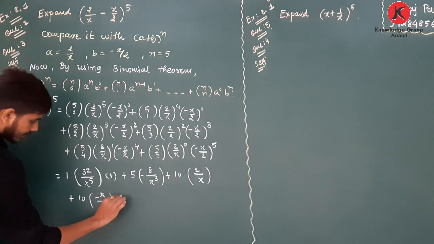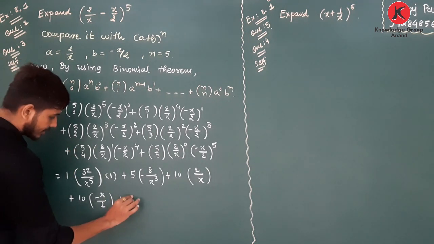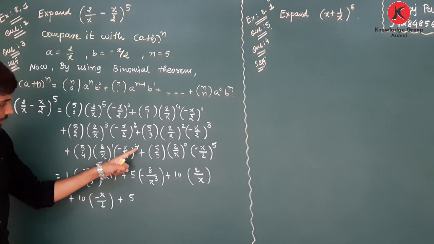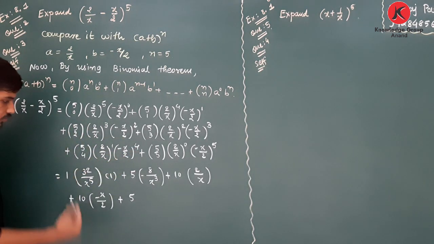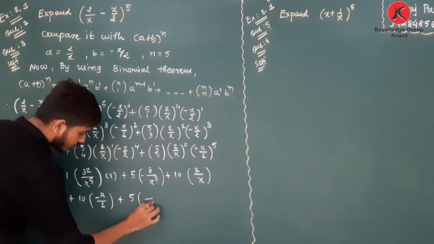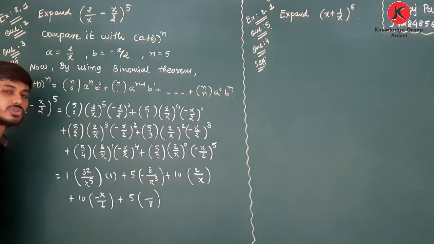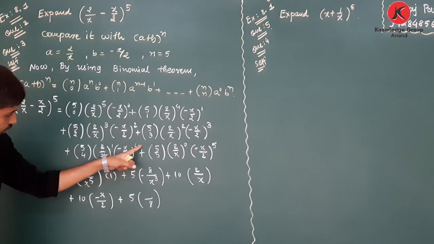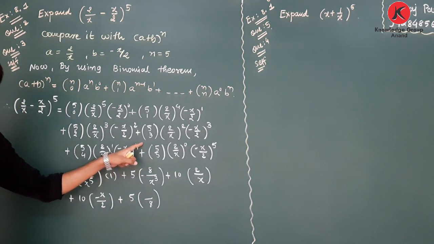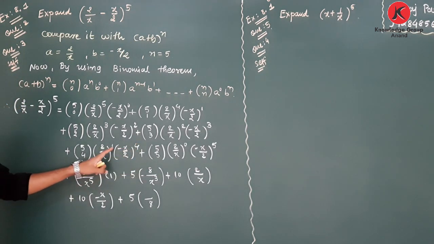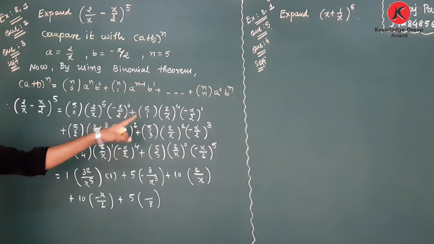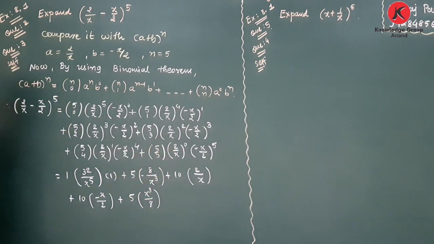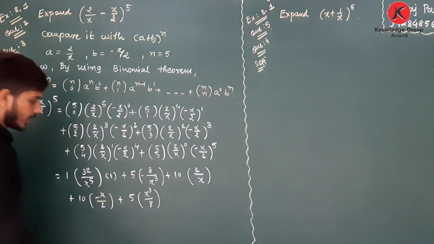Plus, next step 5C4, answer is 5. 2 raised to 1 divided by 2 raised to 4, in the denominator it is equal to 8. Next, x raised to 4, minus raised to 4 means plus, x raised to 4 divided by x raised to 1, which is equal to x cube here.